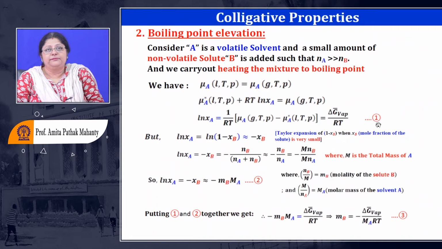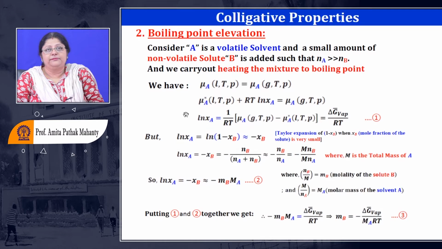So now I combine these 1 and 2, one from the chemical potential difference and the other from the Taylor expansion, and then manipulate by multiplying by the total mass of the solvent. Then what do I get? I get an expression like this. Now you see, I have got the molality in terms of the Gibbs free energy of vaporization, the molar vaporization value, the molar mass and RT.